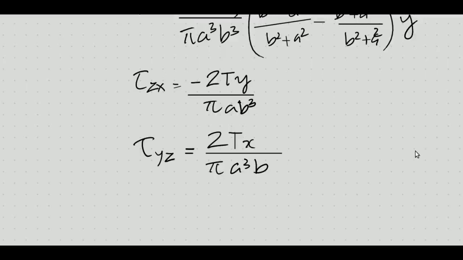The coordinates of that point are given in terms of x and y, and the origin is set at the center of twist. The x-axis is along the major axis, which has a length 2a, and the y-axis is along the minor axis, which has length 2b. So we get τzx and τyz like this.